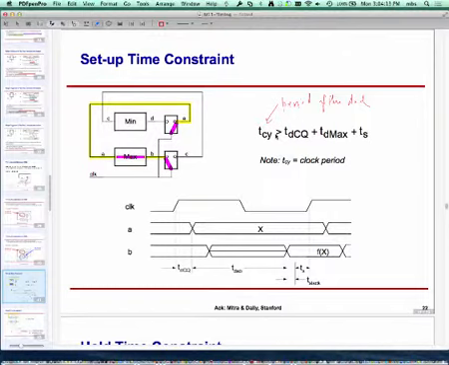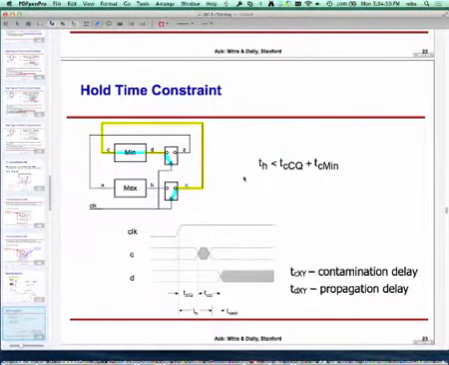So adding inverters or delays like what you're suggesting can also increase the TD max, so it can slow things down. So the name of the game is: can I make sure that hold time constraints are met without sacrificing the speed of my circuit? Because that has its own value.